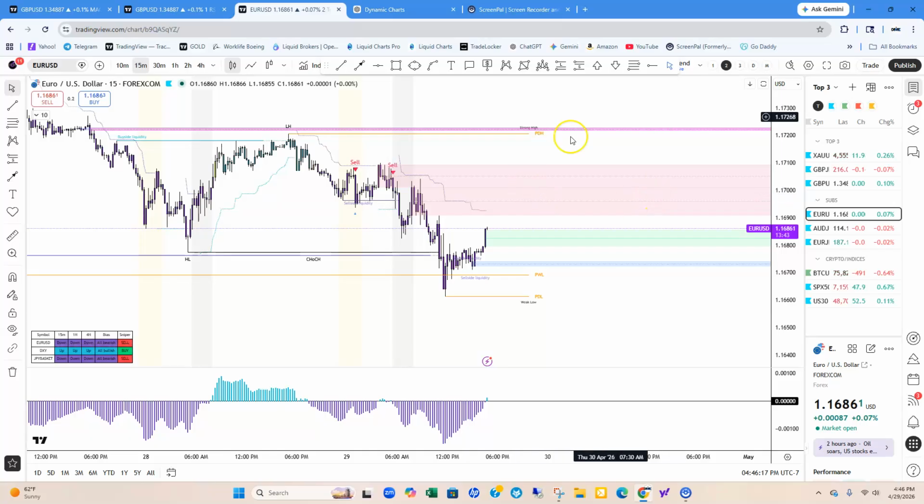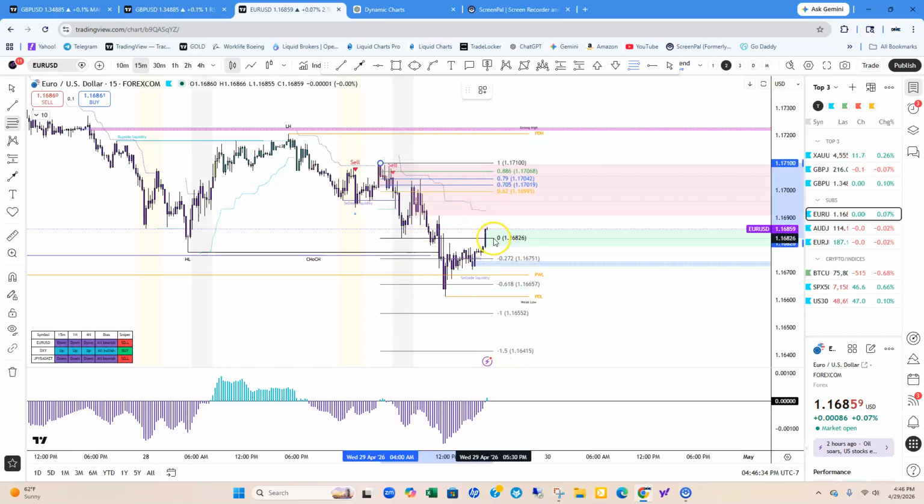EU is going to be similar to GU. So the same thing, it gave a setup too, because you got this little impulse here going down into New York. So just put your fibs on it and wait for the retracement. As you can see, you got 1, 2, 3 rejections at the 70.5.